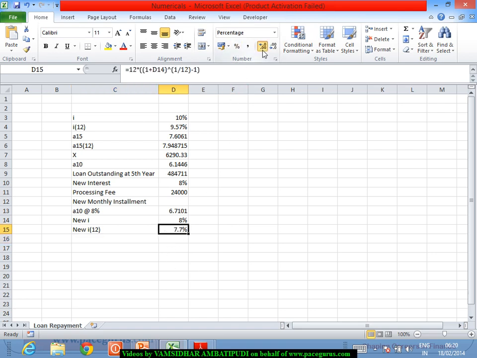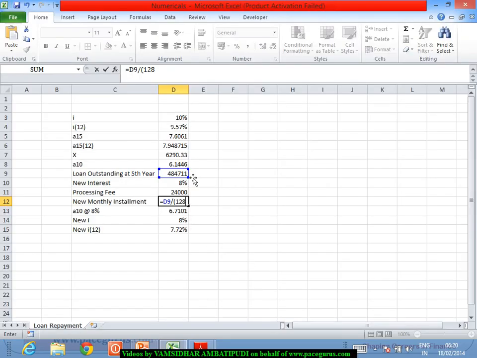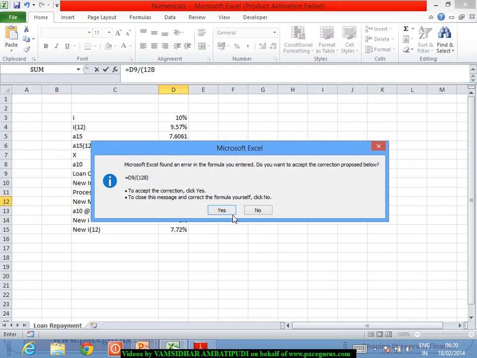Now from here I should be able to find out the new monthly installment. So this number divided by 12 into a10. So this is my new a10.